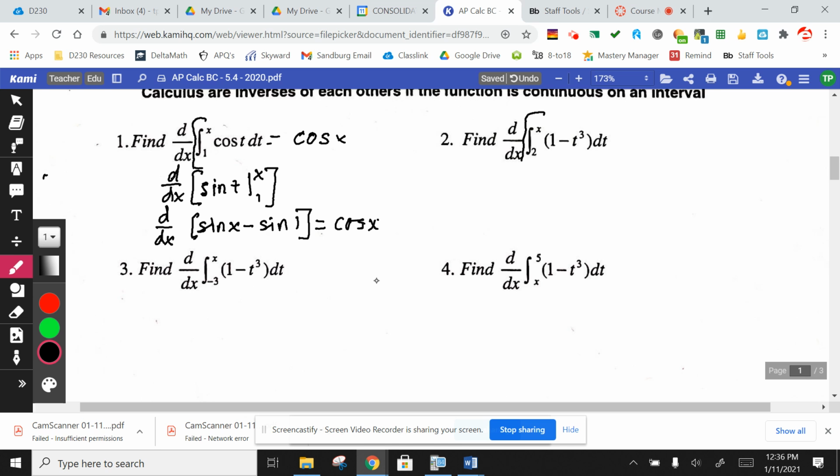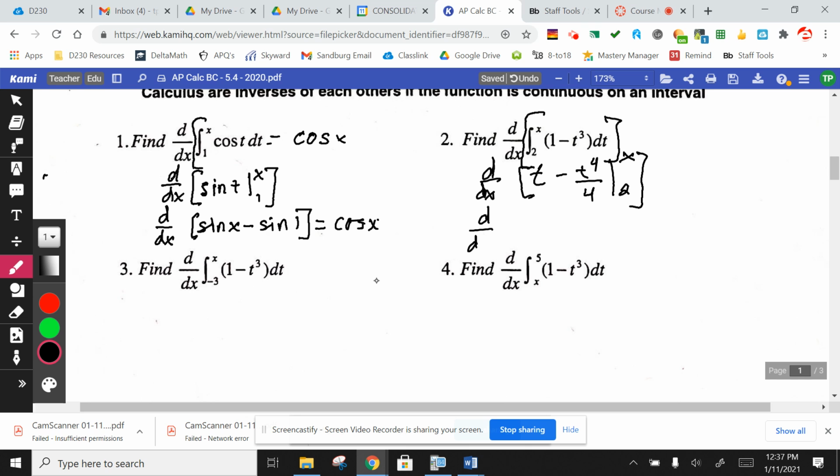We're going to do the inside first, so just kind of an order of operations idea. So the antiderivative of 1 would be t, antiderivative of t cubed would be t to the 4th over 4, and then we want to evaluate that from 2 through x. And we are still currently ignoring the fact that we want the derivative of whatever we get on the inside.